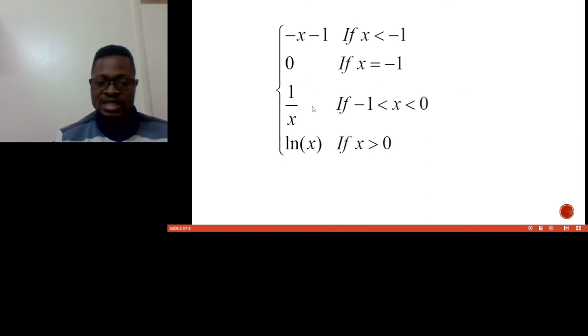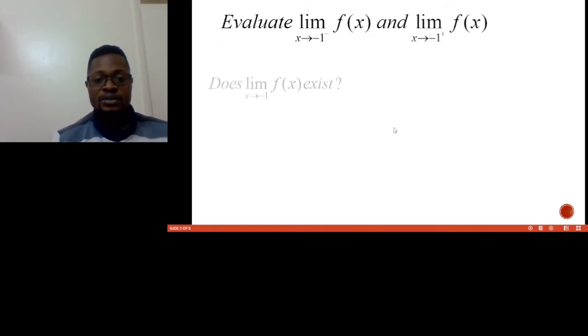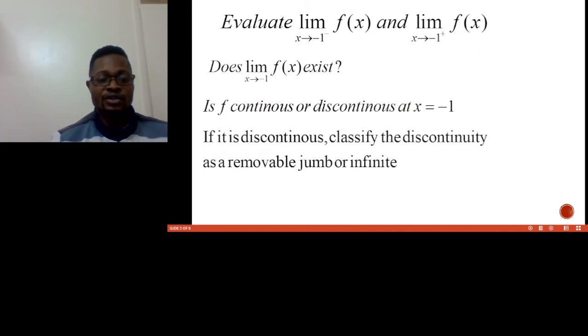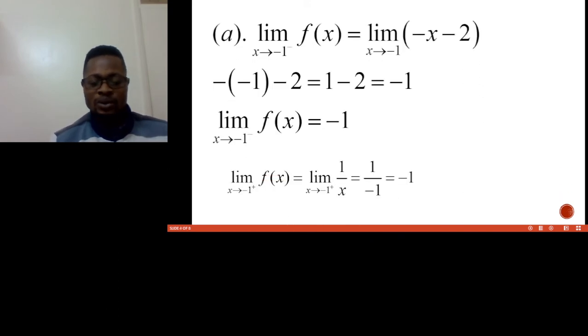We use this to find the limit as x tends to negative 1 from the right hand side. We just replace x with negative 1, so that we have 1 divided by negative 1, which gives us negative 1.